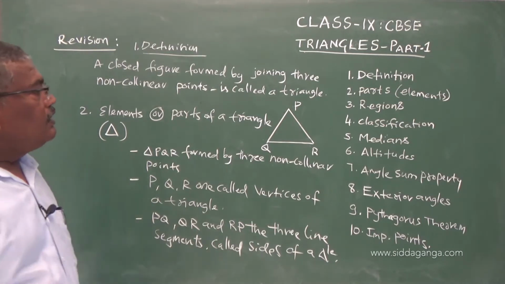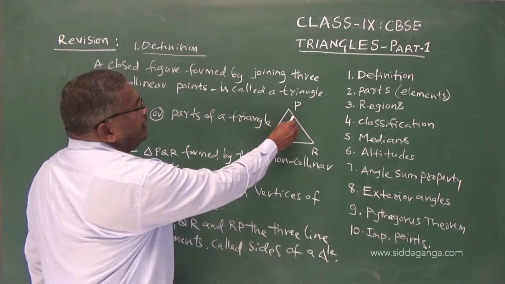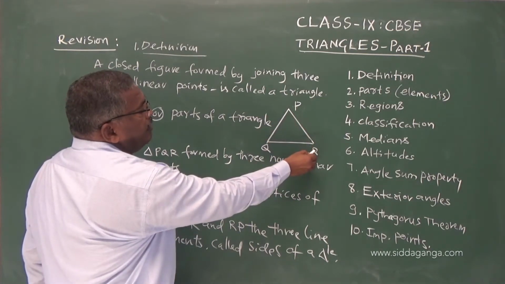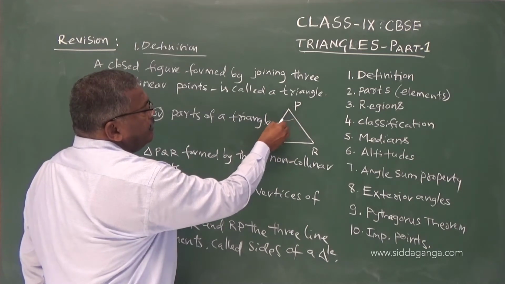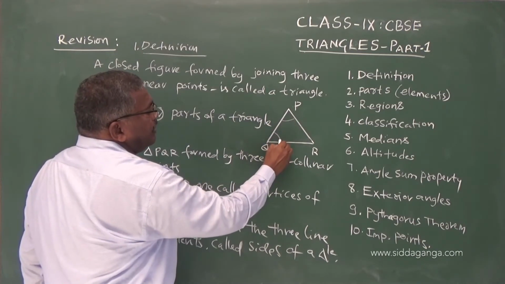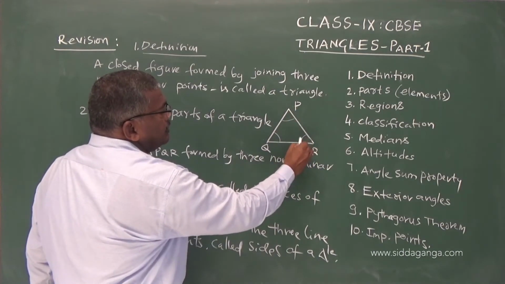Now a triangle will have angles. You can see, P is an angle, which we write as angle RPQ. This is one angle, PQR is another angle, and QRP is the third angle.